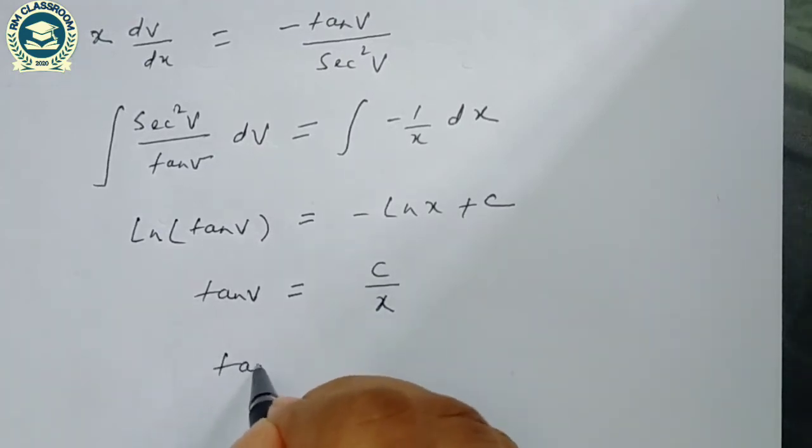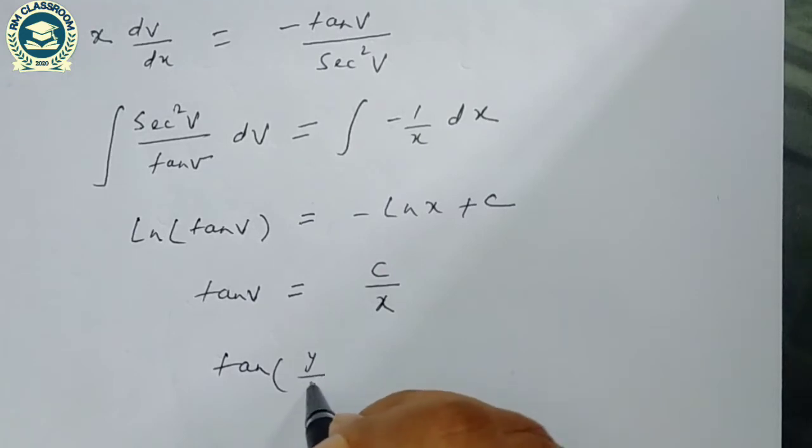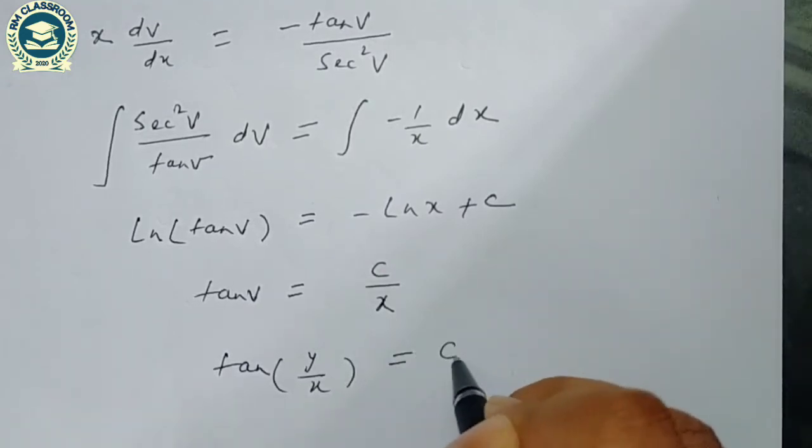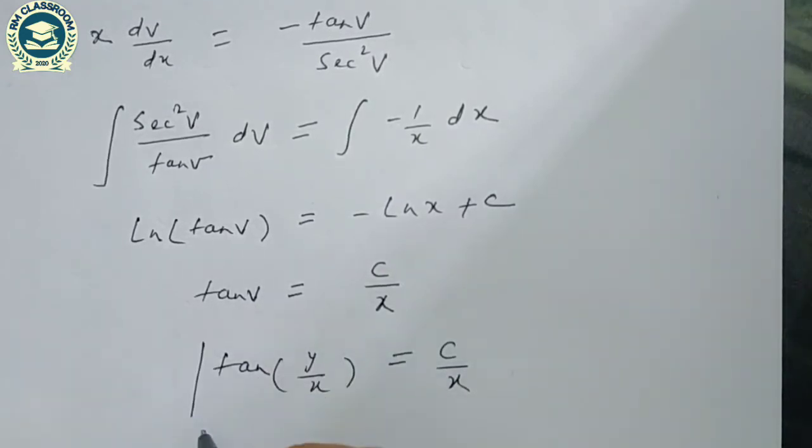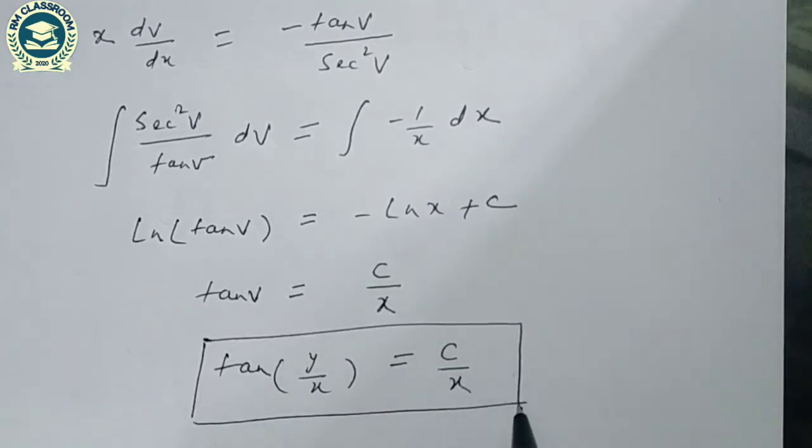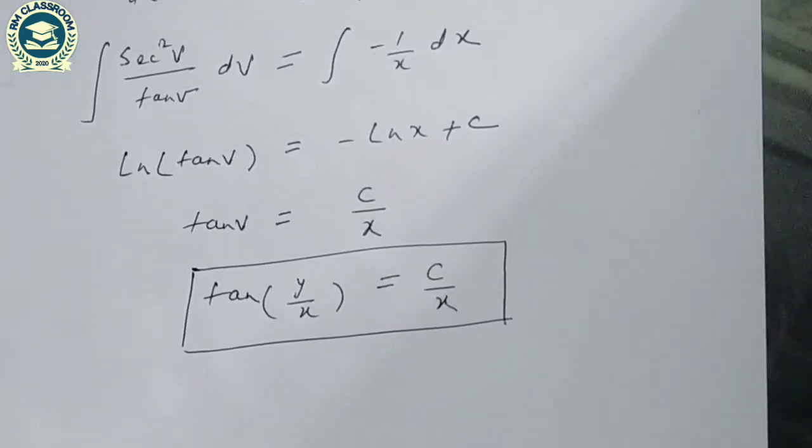So put the value of v is equal to y by x: tan y by x is equal to c by x. So this is the solution of our homogeneous differential equation.